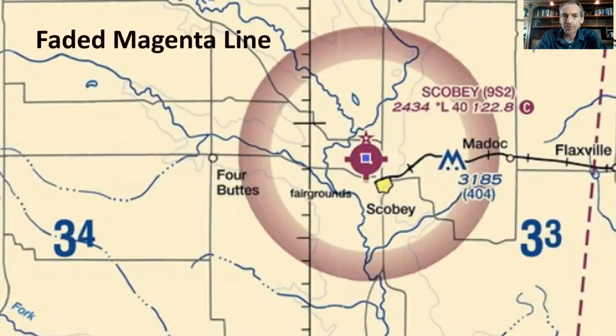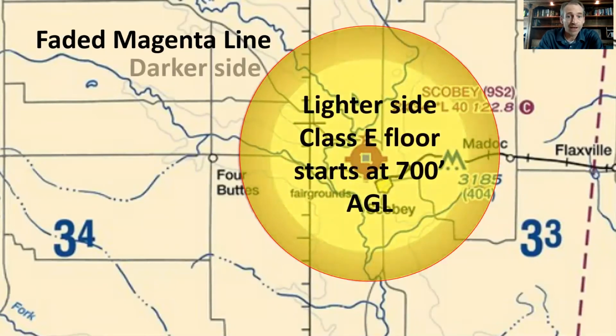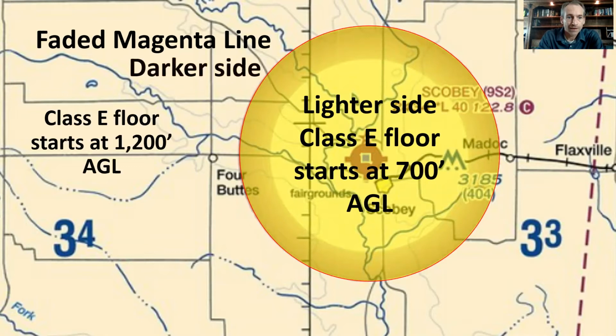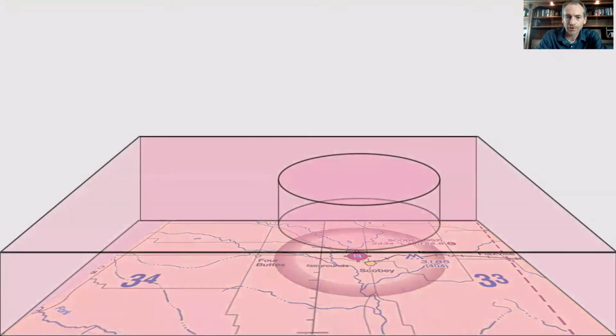So here's a faded magenta line surrounding an airport. Your lighter side, the Class E floor, starts at 700 feet AGL. Then out to the darker side, everything outside is going to be a 1,200 feet AGL floor. So let's build this airspace.